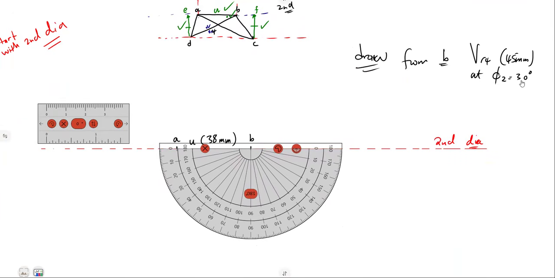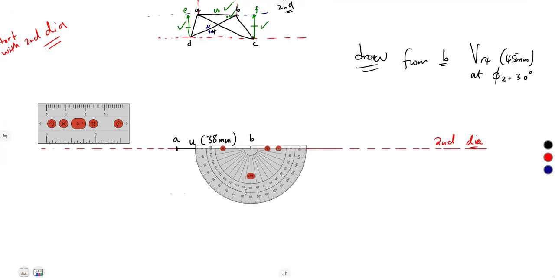What we need is 30 degrees this side. Remember, it must be facing this side. So from here 0, 10, 20, 30, which is here, you just mark. Sorry guys, I just need to mark here. Let's hope it's clear. This is my 30 here.